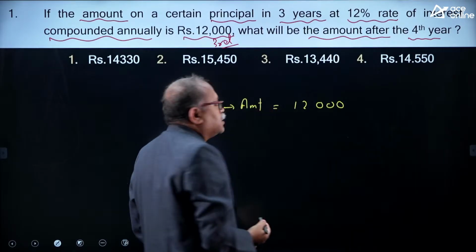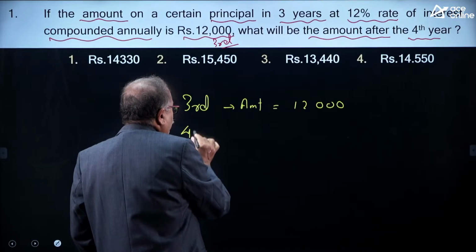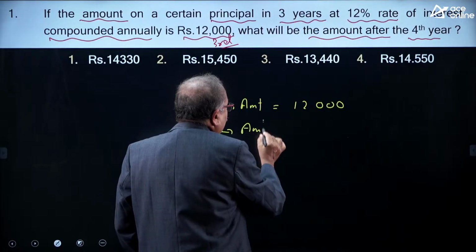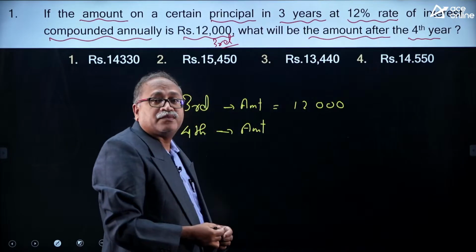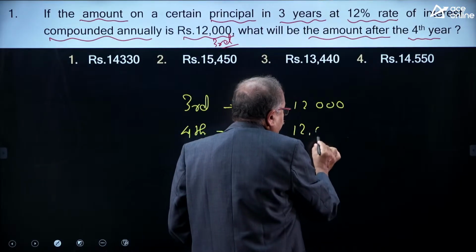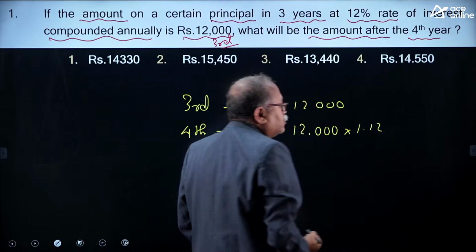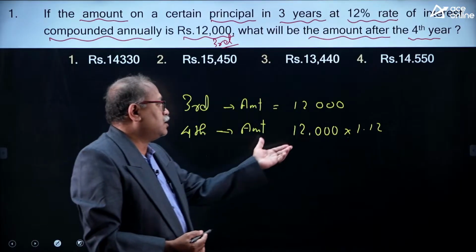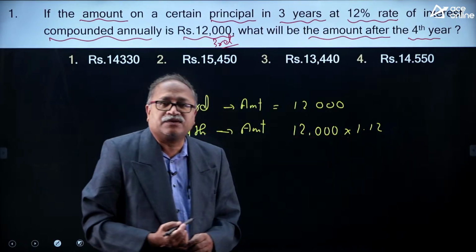If you understand compound interest, the amount at the end of 4th year will be, you have to take 1 year interest at the rate of 12%, that is 12,000 into 1.12, that is 112%, or you can add 12,000 plus 12% of 12,000.